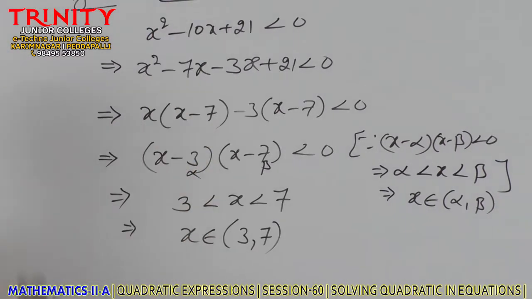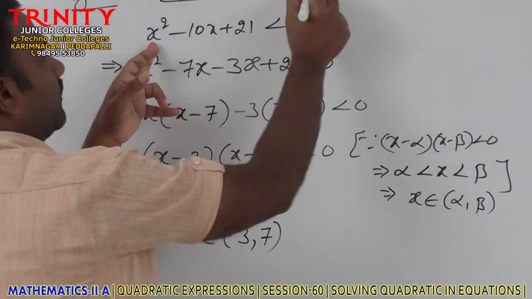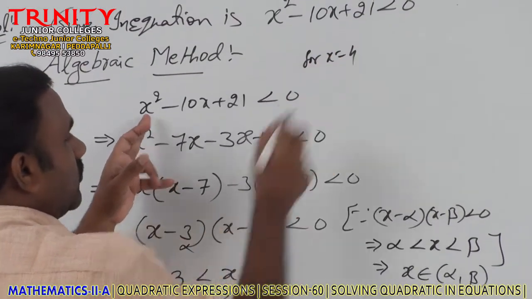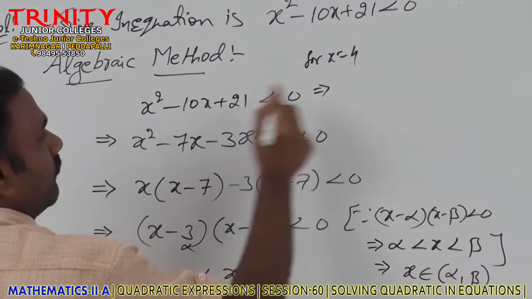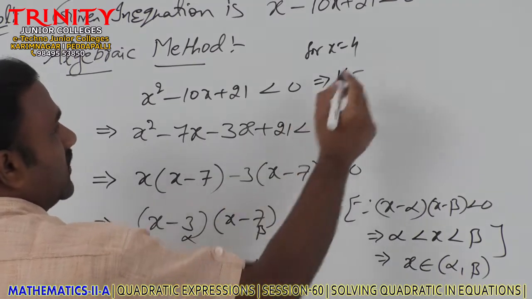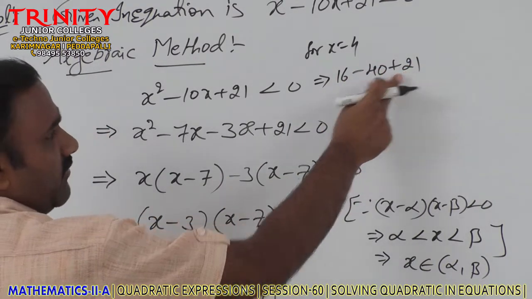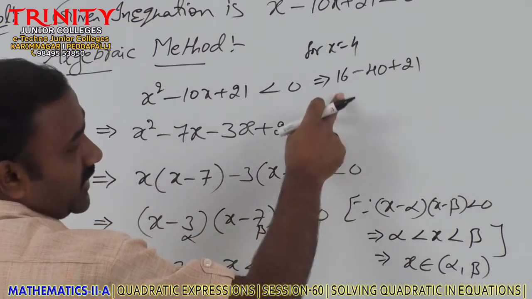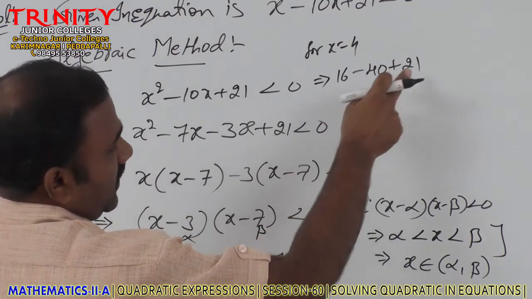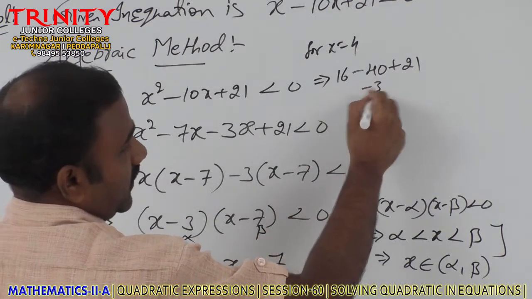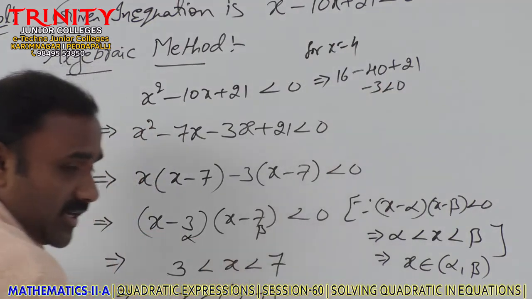For x is equal to 4, then 4 square, that is 16, minus 10 into 4, that is 40, plus 21. 21 plus 16 is 37. 37 minus 40 is minus 3. Minus 3 is less than 0.